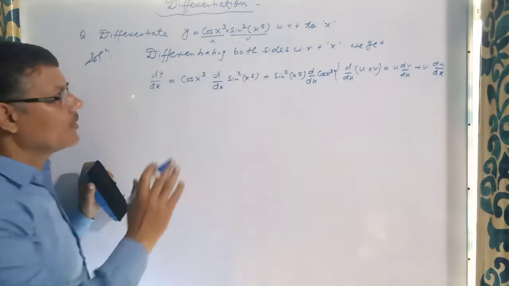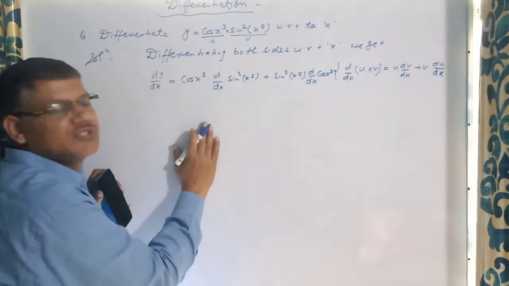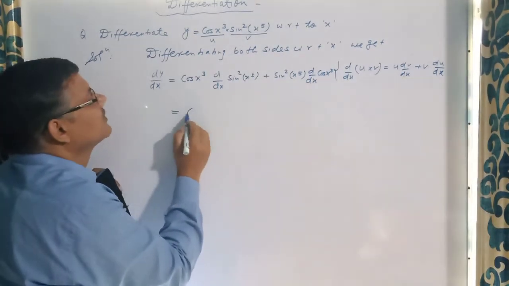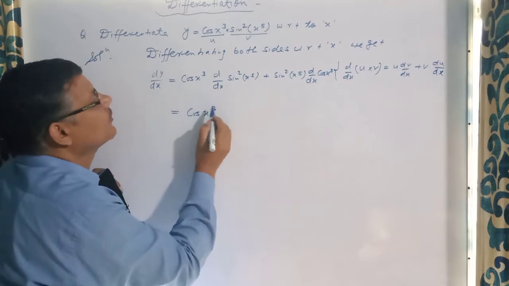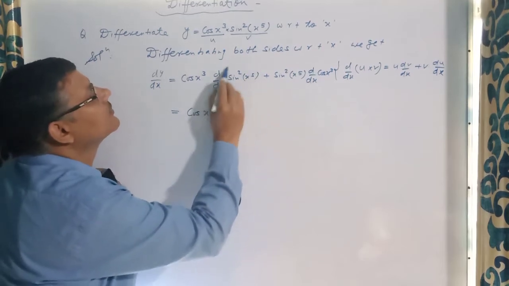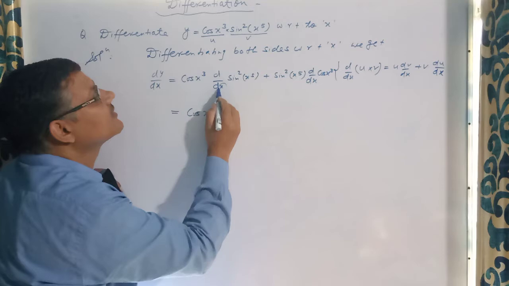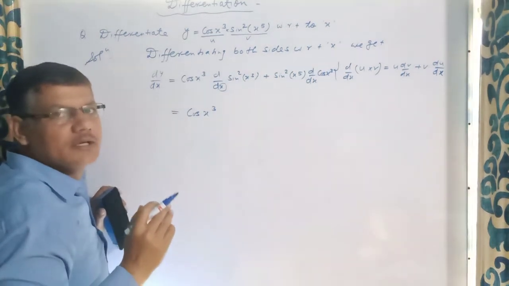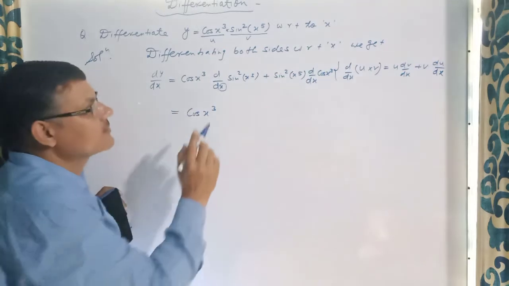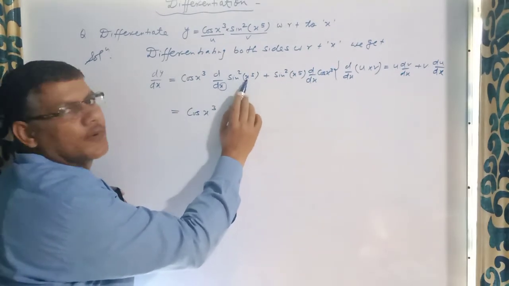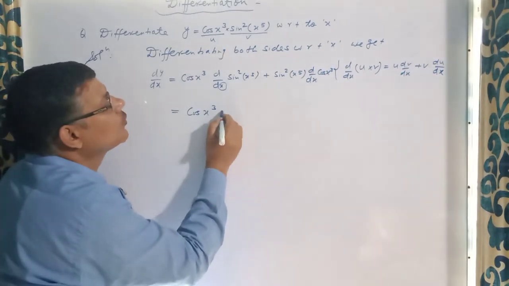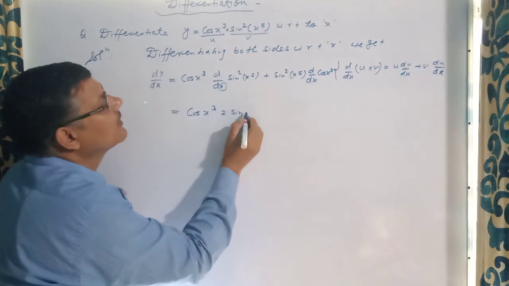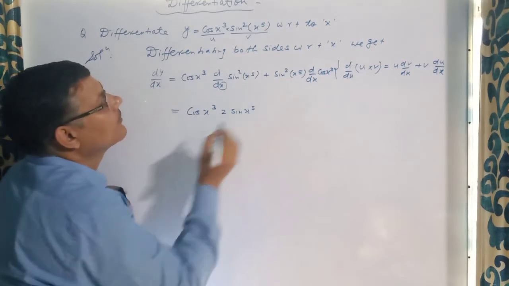Okay, now here we are supposed to use the chain rule. Simply this is cos x cube. Now in this we are supposed to differentiate it with respect to x. So first of all we use the formula for the derivative of x power n. We take sin x power 5 as u, so we get 2 into sin x power 5.